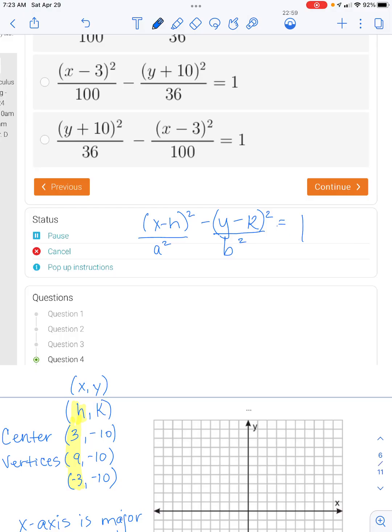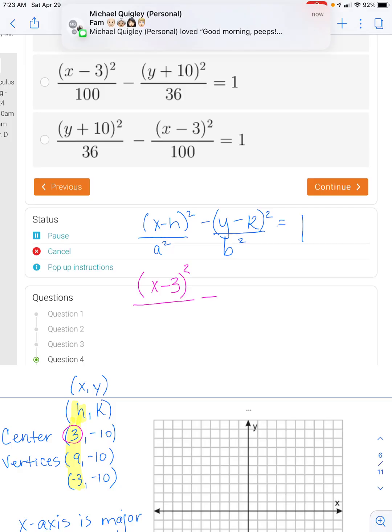So let's grab what we have right now, and I'm going to change the color of this so it stands out. So we have x minus, and I know my h value for my center, remember this part is always the center in this equation, and it's going to be minus 3 squared over a squared, but I'm going to leave that denominator blank because we're going to figure that out in just a minute.